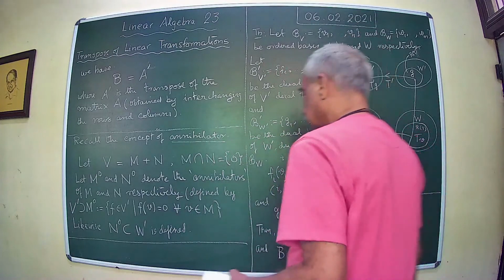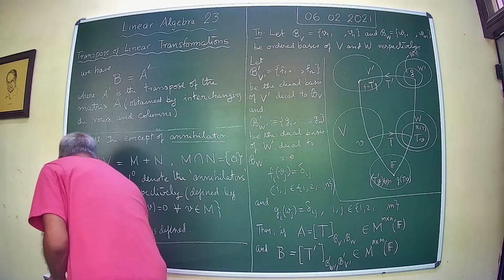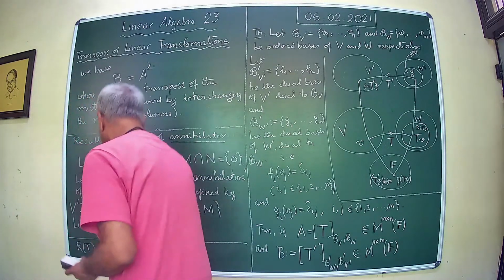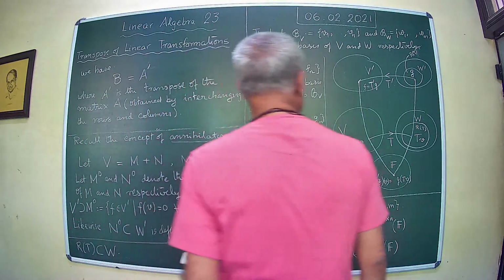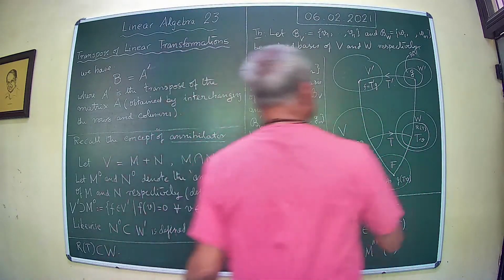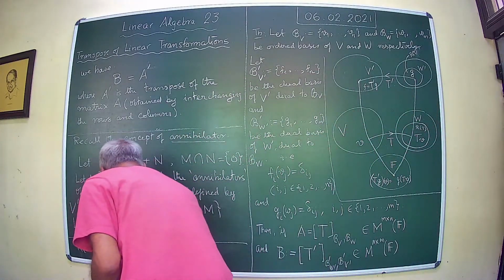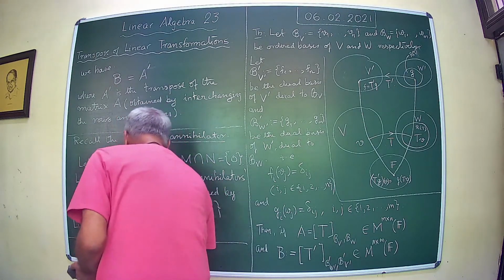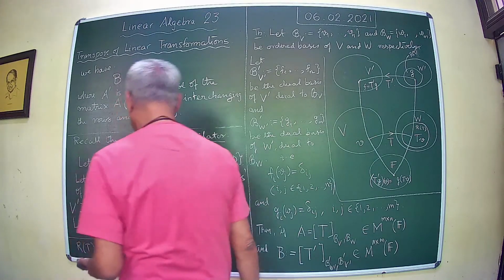So what do we have? Range of T is a subspace of W, and the annihilator of the range of T is a subspace of W prime.